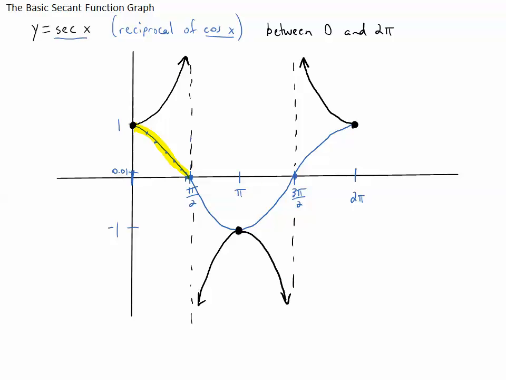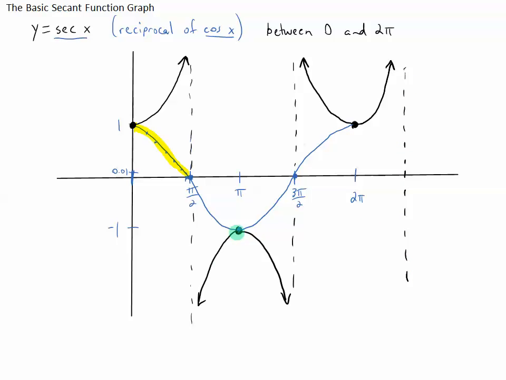So notice the left side of this period is sort of half of an upward U. So if I were to continue my graph over here, I would start my next period with that region, and it would look like this. And then I'd have another asymptote right here.